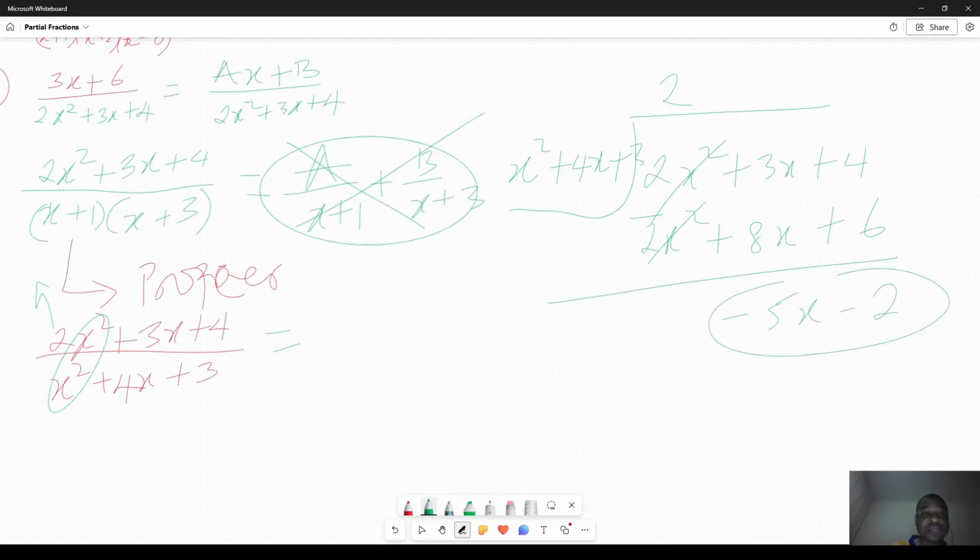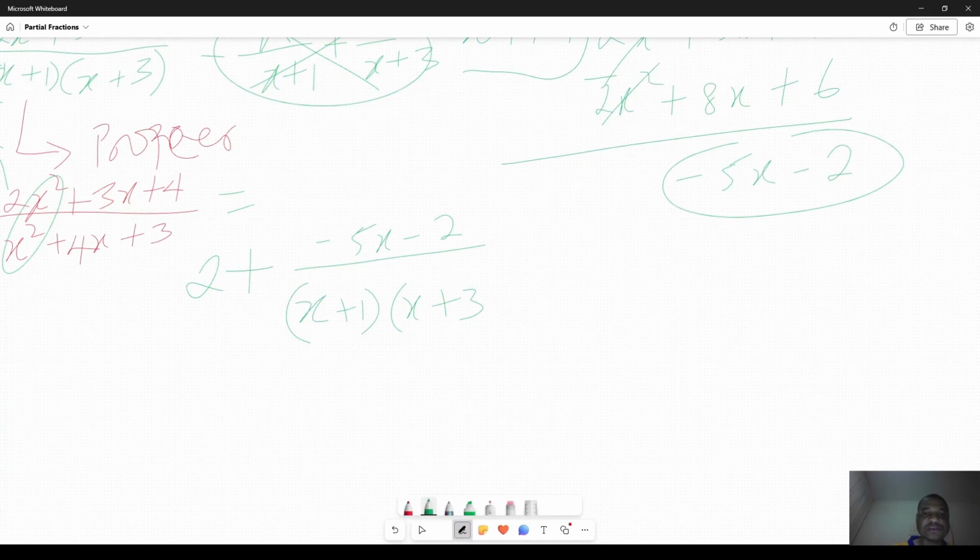So this will be 2 plus minus 5x minus 2 over x plus 1, x plus 3. So what do we do next? Obviously, you can see now, this is a proper fraction. So this should be 2 plus, then you take this and go and do partial fraction.